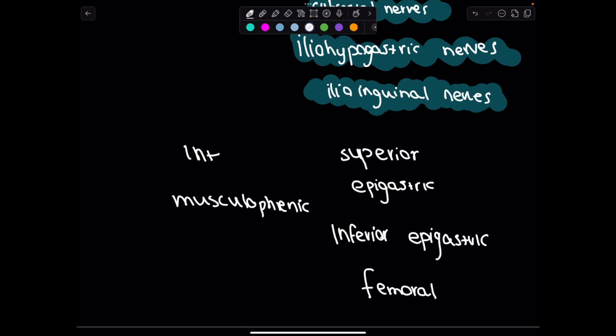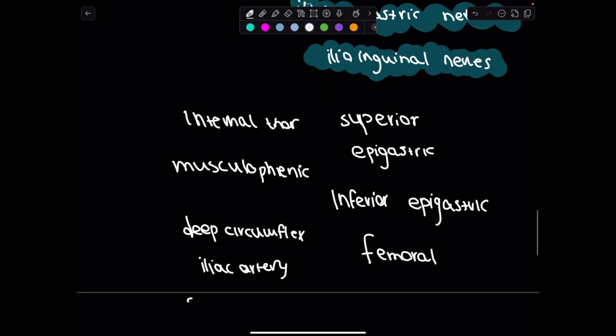Deep circumflex iliac artery, bilateral, from external iliac arteries, supplies lower abdominal wall and iliac region. Superficial circumflex iliac artery, typically bilateral, from femoral arteries, supplies superficial groin skin. Musculophrenic, deep circumflex iliac, and superficial circumflex iliac exist on both sides, reflecting body symmetry.